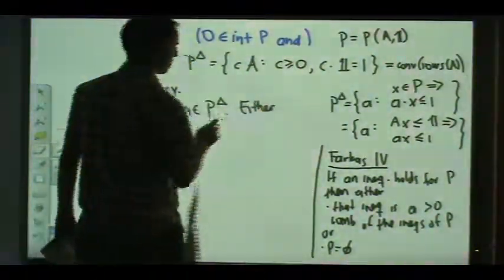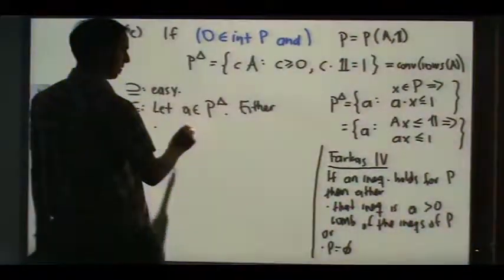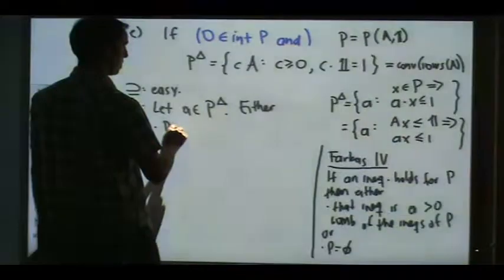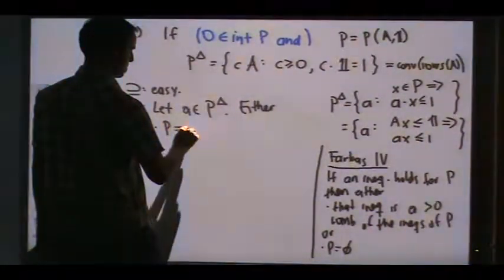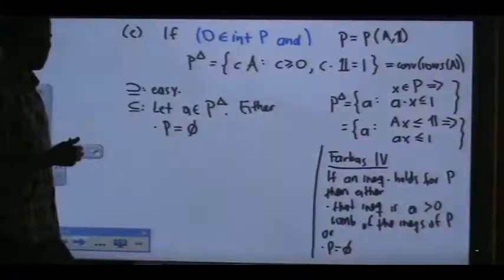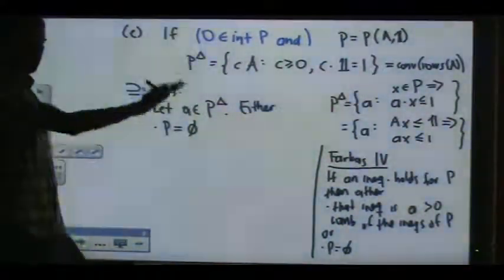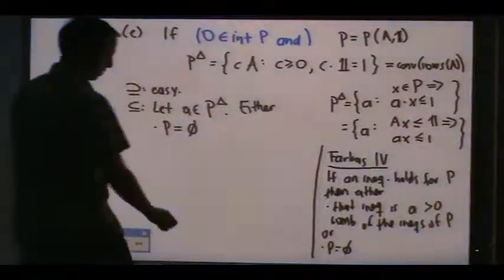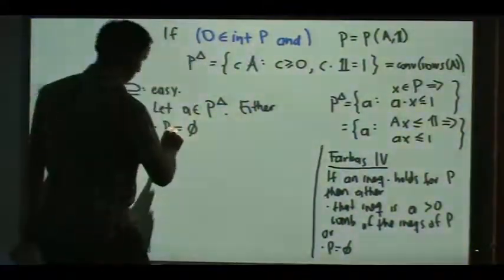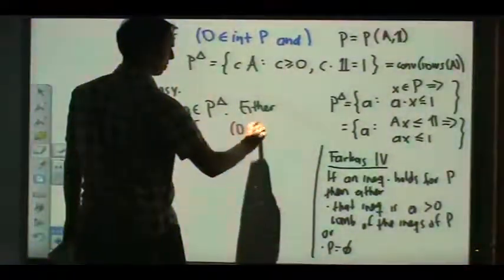So let's do that. Either my polytope is empty, but can that be? No, because we already said that 0 is in the polytope. So this cannot be true.